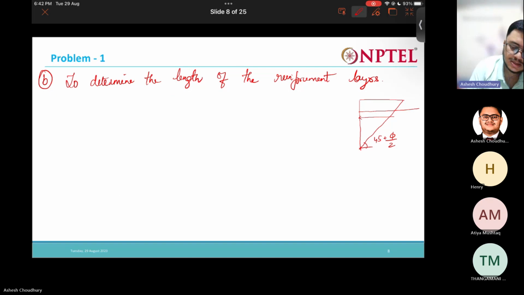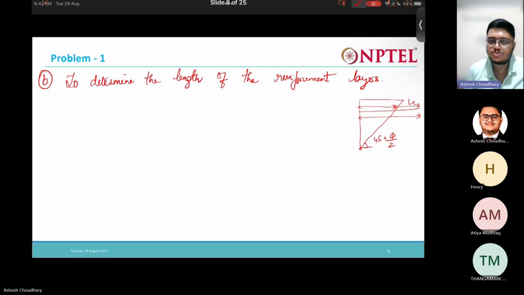This is the total length of the reinforcement, this is the length that is within the wedge, and this is the embedment length. You need to provide the embedment length in such a way that it satisfies the pull out criteria, meaning it should not get pulled out due to excessive force coming on the reinforcement.